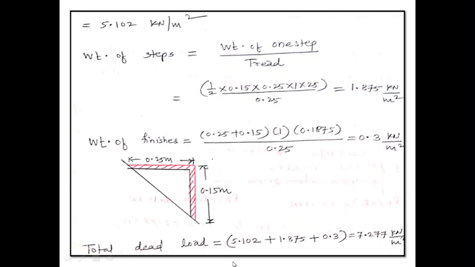Therefore total dead load will be 5.102, that is the dead weight of waist slab, plus 1.875, that is dead weight of steps, plus 0.3, that is dead weight of finishes, and therefore it is 7.277 kilonewton per meter square.